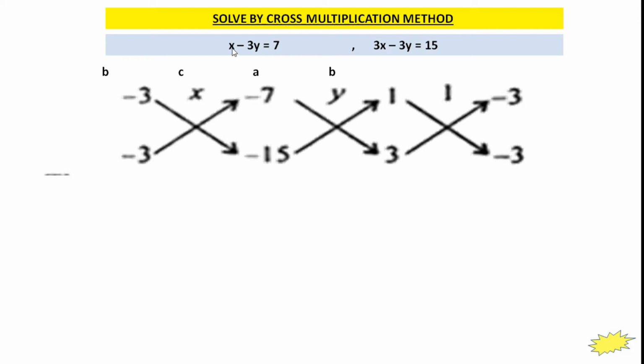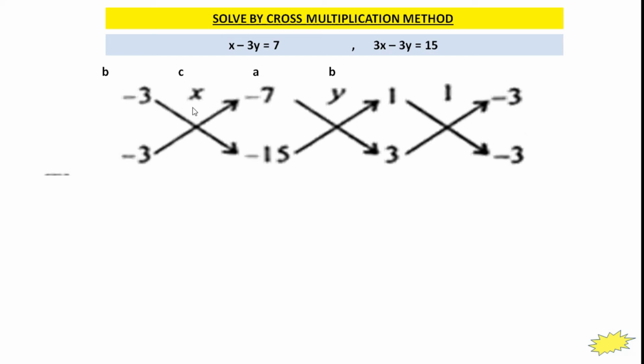The coefficients for x are 1 and 3, which are labeled as A. And then we repeat the coefficients for B, that is minus 3 and minus 3. And then we put the cross. So there are down arrows from minus 3 to minus 15, from minus 7 to 3, from 1 to minus 3. There are upward arrows from minus 3 to minus 7, from minus 15 to 1, and from 3 to minus 3.